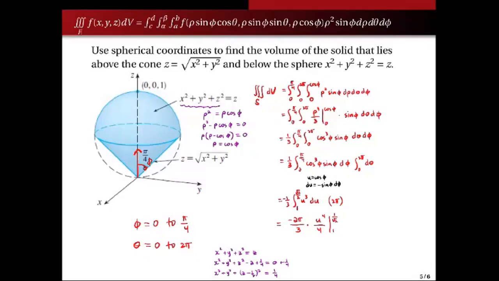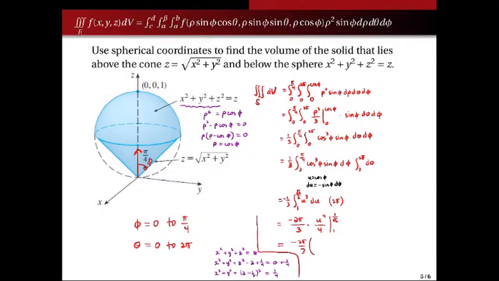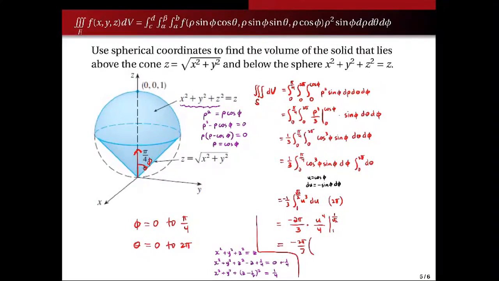So this is equal to negative 2 pi over 3 times 1 over square root of 2 to the 4th power. That's 1/4, then minus 1 in here. I'll put the denominator 4 together with this, so I'll have 1 over 12 in here.